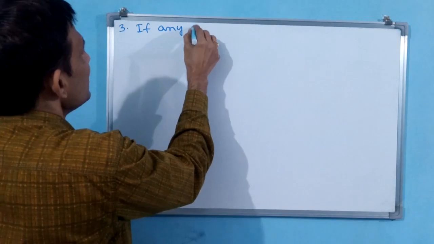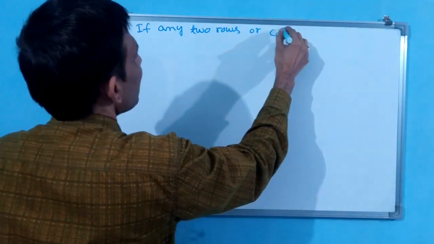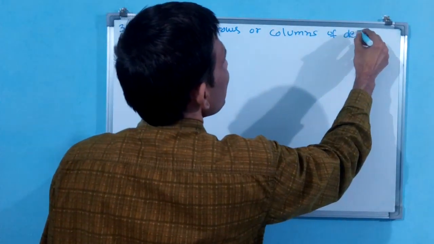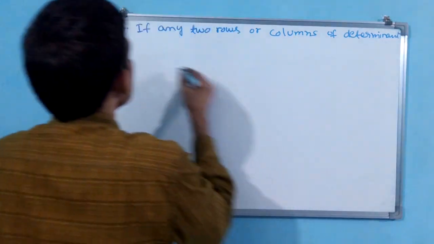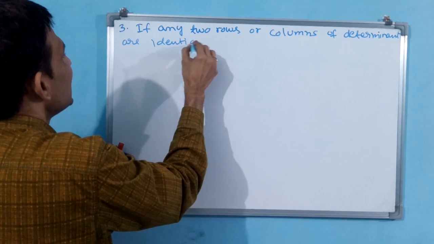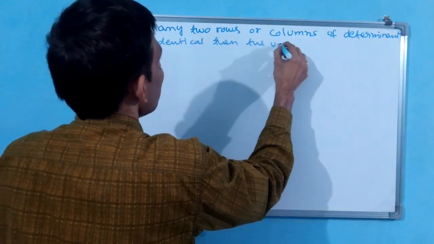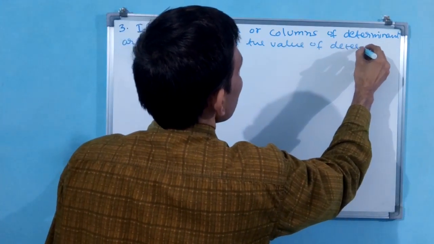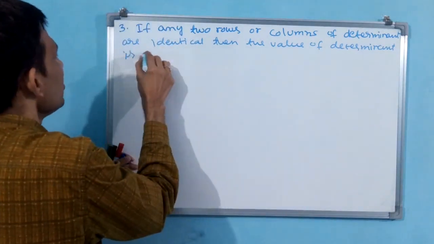If any two rows or columns of determinant are identical, then the value of determinant is 0.